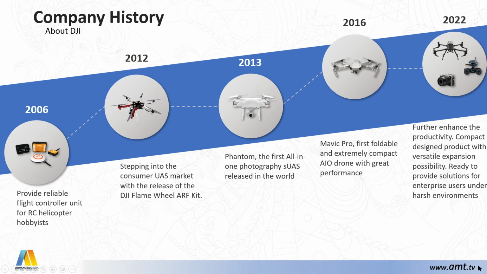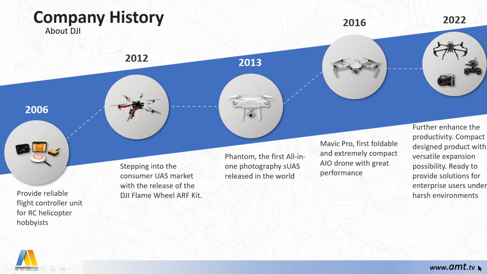About DJI, for the ones who don't know, DJI is a Chinese company started in 2006. They were in basic things like flight controller units, and then in 2012 they introduced the first drone kit that you assemble by yourself.